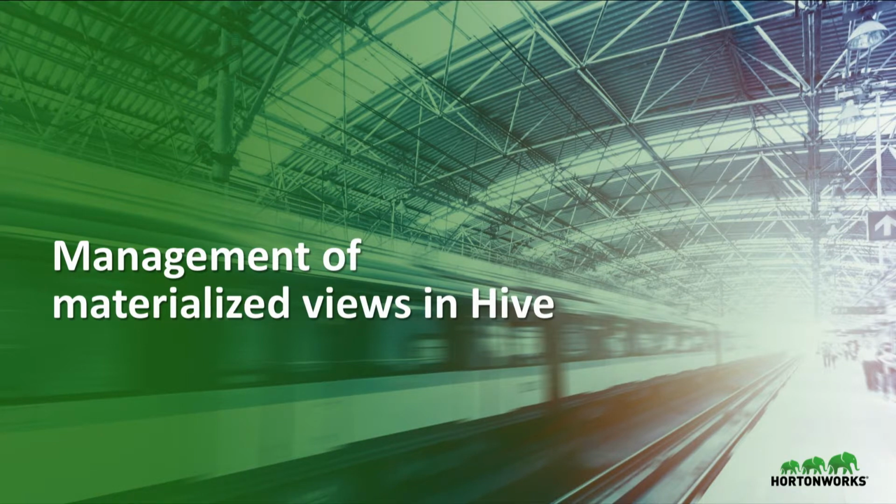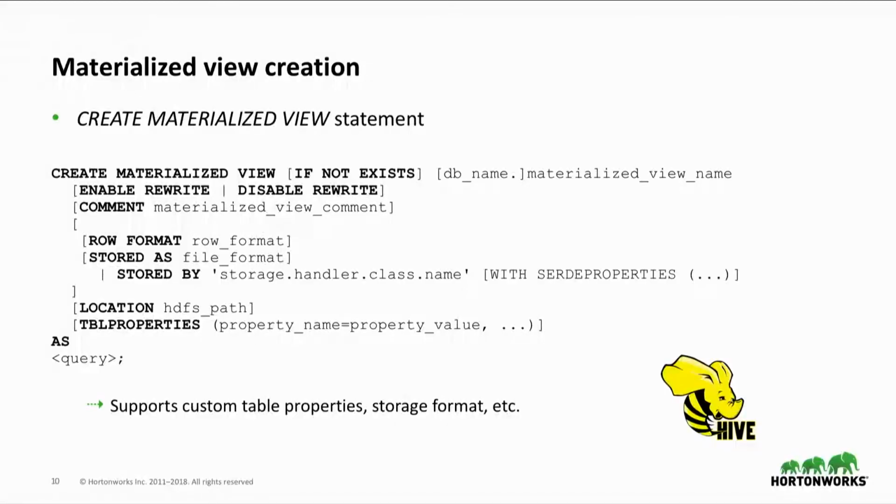So let's start with the very basic operations of management of materialized views in Hive. This is a create materialized view statement that we introduced. For those familiar with Hive, or even with any SQL system, it looks like any other create table statement, where you can define some properties such as comment, or you can define your row format, your storage handler, table properties, and when you create it, you will define a query, right?